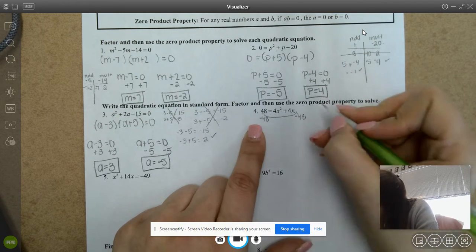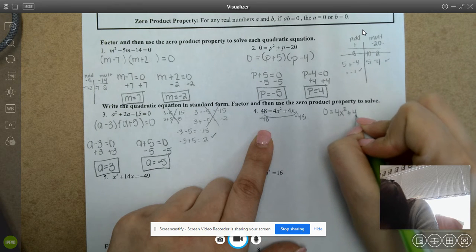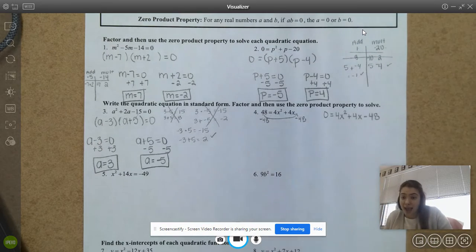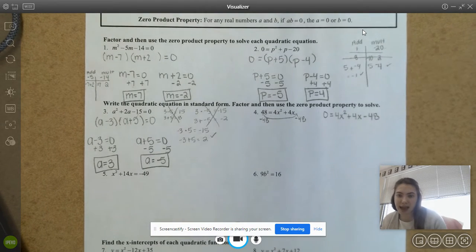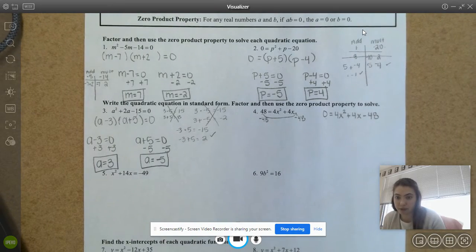Okay, when we do so, we get the new equation of 0 is equal to 4x squared plus 4x minus 48. And now that we have that, we can go ahead and see that it's in standard form, and we can go ahead and factor and use that zero product property since it's equal to 0 to solve.